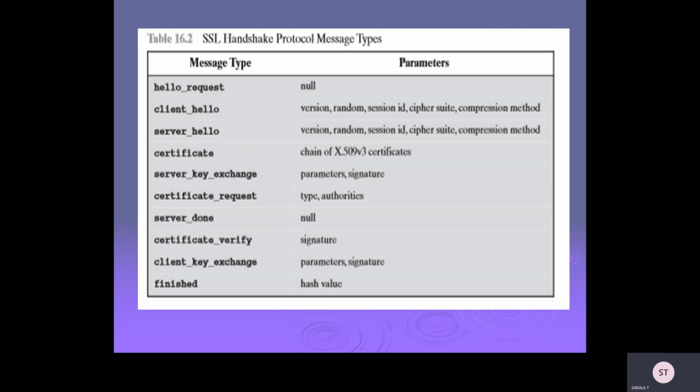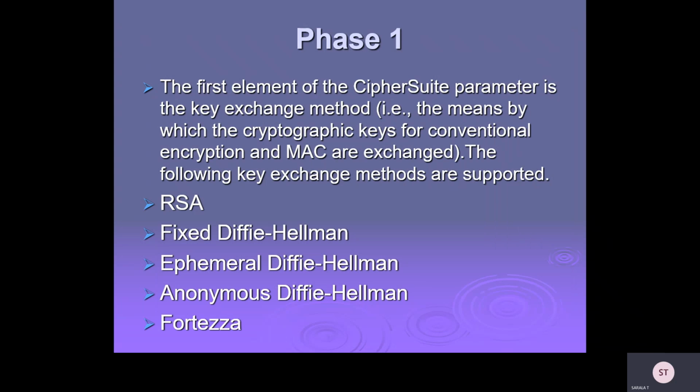Server key exchange has parameters and signature. Certificate request has type and authorities. Server done has no parameters. Certificate verify has the signature to be verified. Client key exchange has parameters and signature. Finished has the hash value transmitted at the finish section.